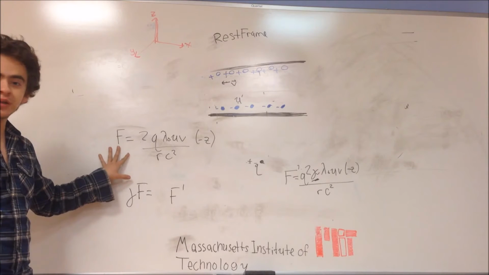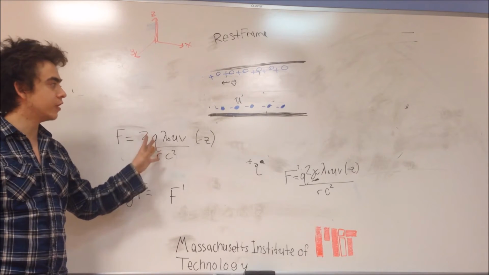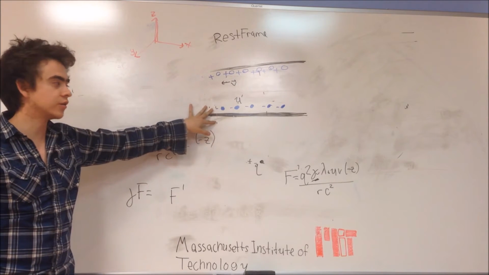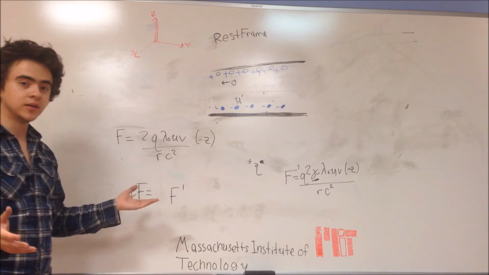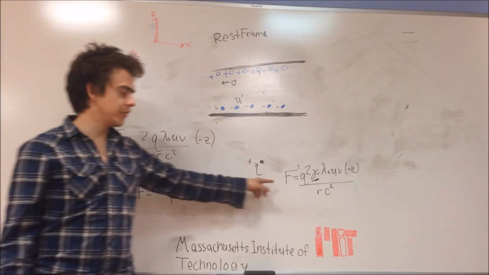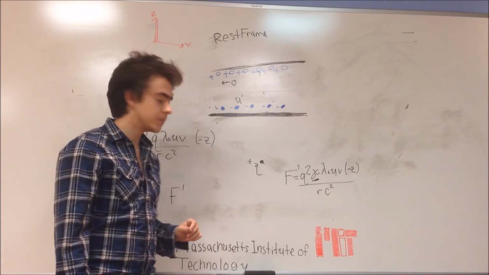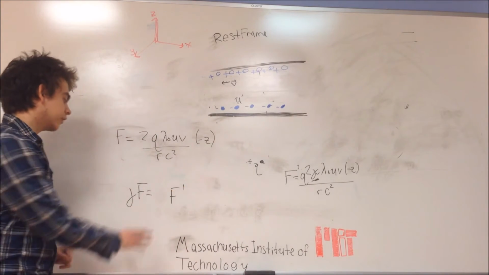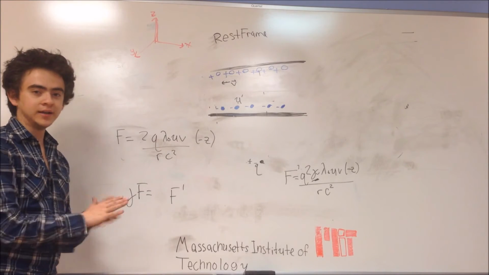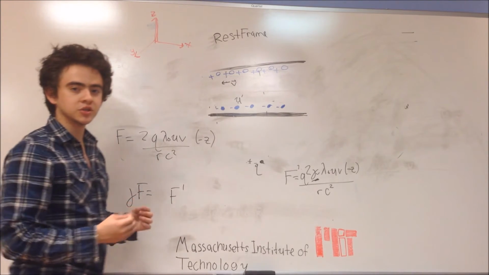This force, which we first saw on the lab frame when we assumed that this was a neutral wire, was produced by a magnetic field. This force here, however, is produced by an electric field. The forces are equal. The only difference of the gamma has to do with the transformation.